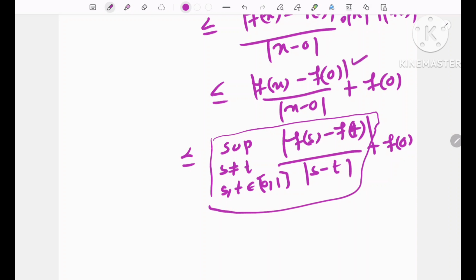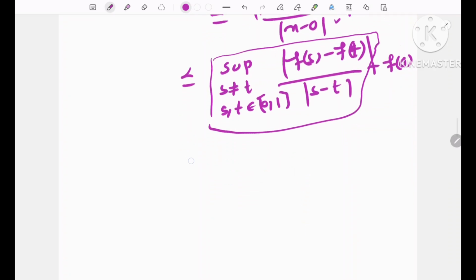In the particular case, if we take s equal to x and t equal to 0, we get this element. So one element is bounded by the supremum of all these quantities. This is nothing but the alpha norm of f.